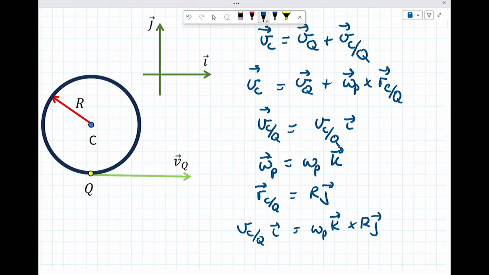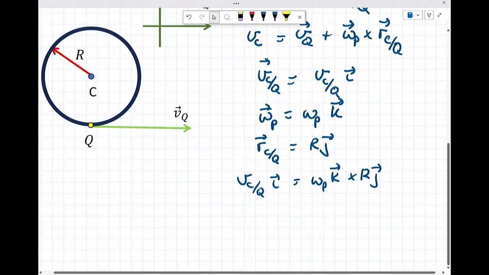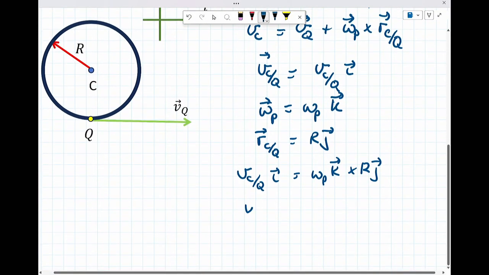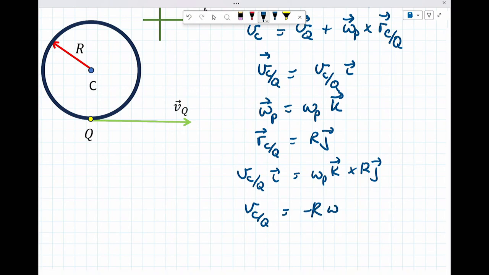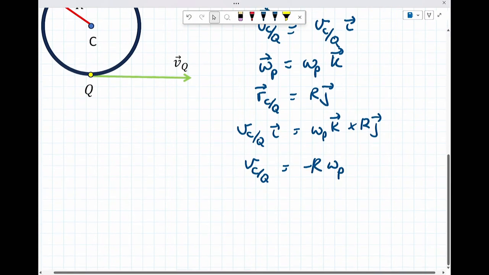And I can write out that the rotational velocity, Vc with respect to Q, is omega pk cross rj. And VCQ equals minus R omega P, and omega P is equal to minus VCQ over R.